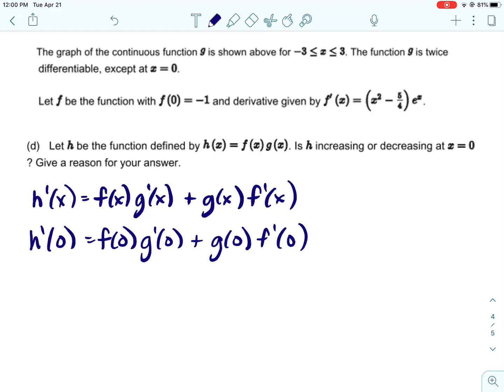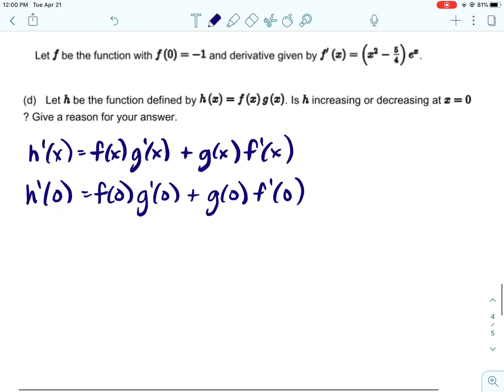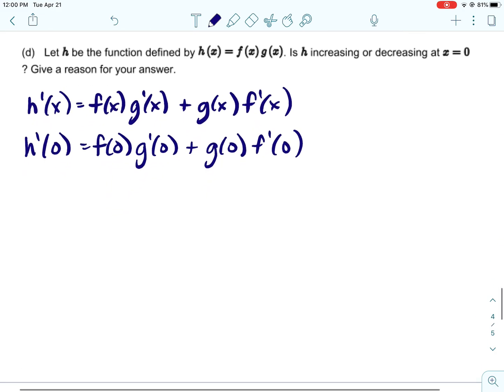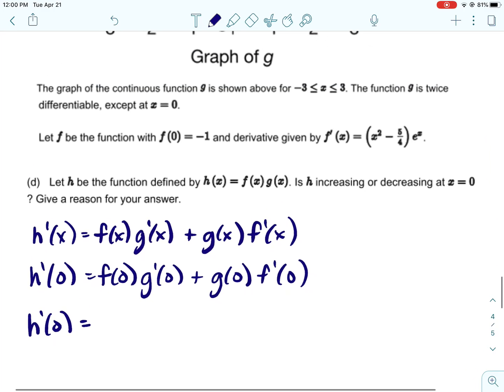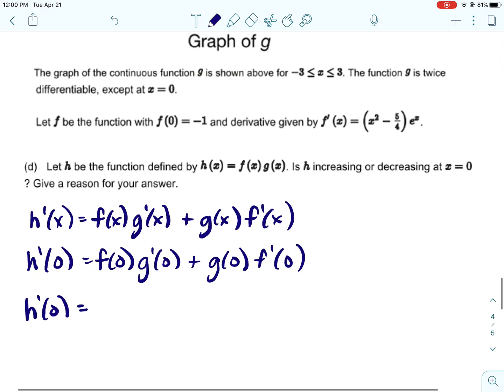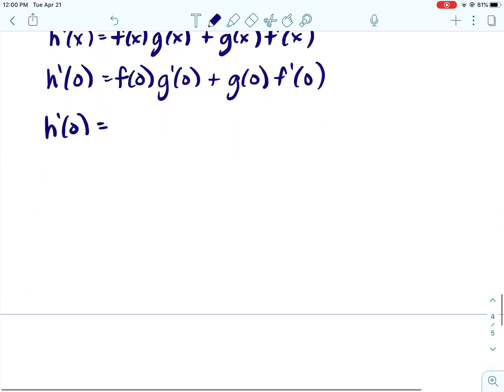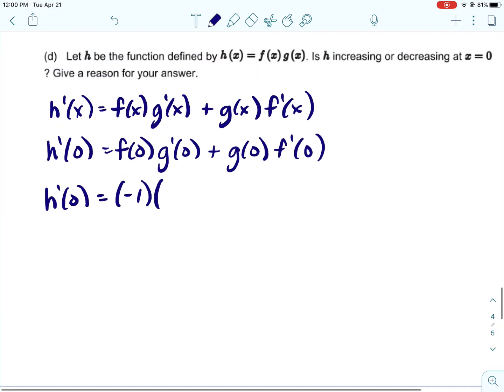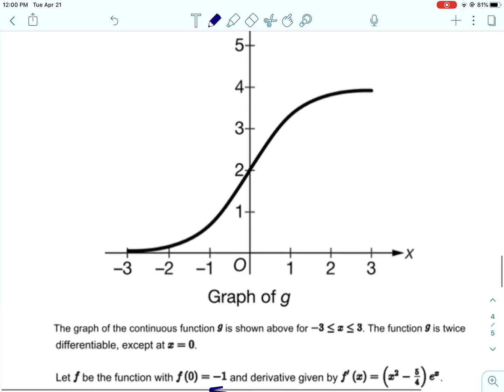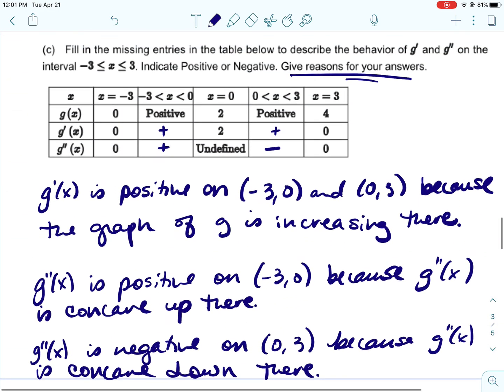Right, and typically you get points for just writing that, and then you'll get points for finding what this is at 0. Now in these problems you may or may not be able to find exactly what the value is. I think we can on this one, but sometimes you really just find if the first derivative is positive or negative at 0, and that's all we really need to know.